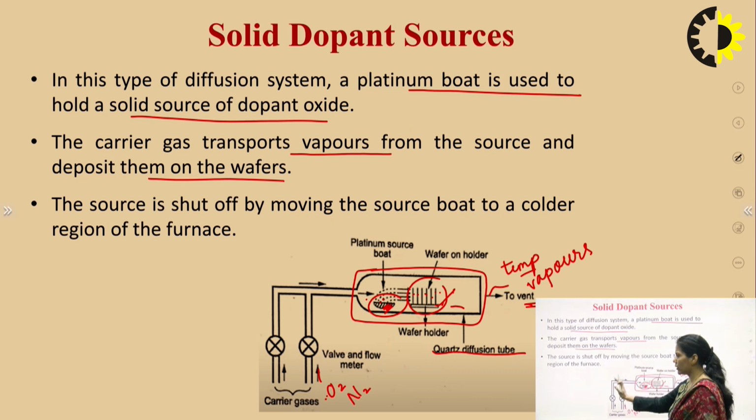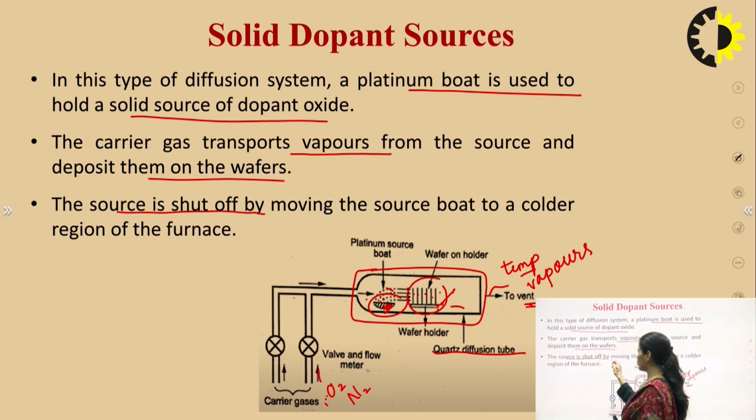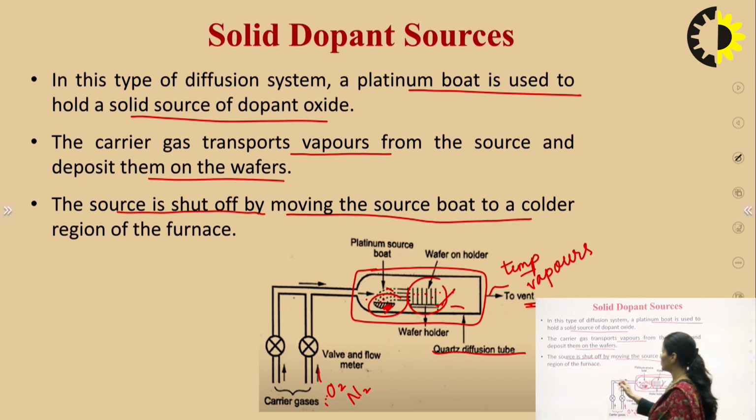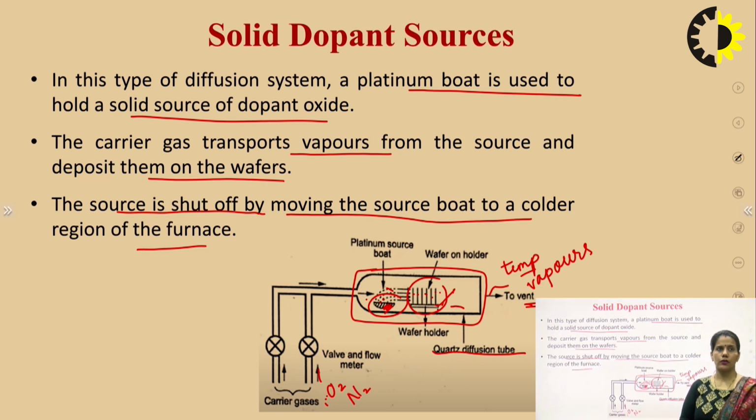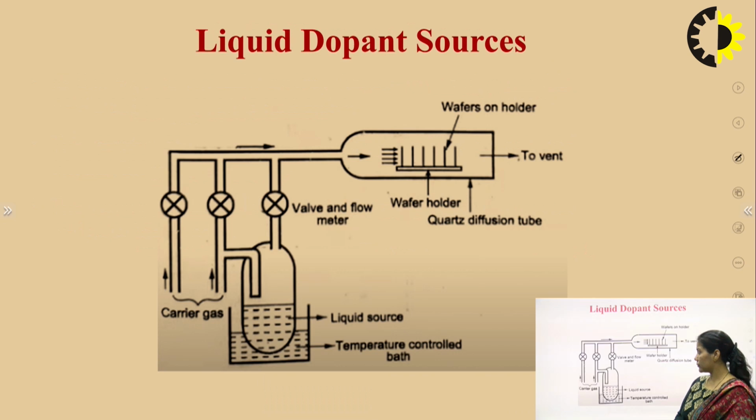The whole arrangement is put inside a furnace. This is the wafer holder. This is the platinum boat for carrying the dopant source. This is the entry point for carrier gases. So this is how the solid dopant sources are diffused. Again, the source is shut off by moving the source boat to the colder region of the furnace. So this is how the whole process of diffusion of solid dopant takes place.